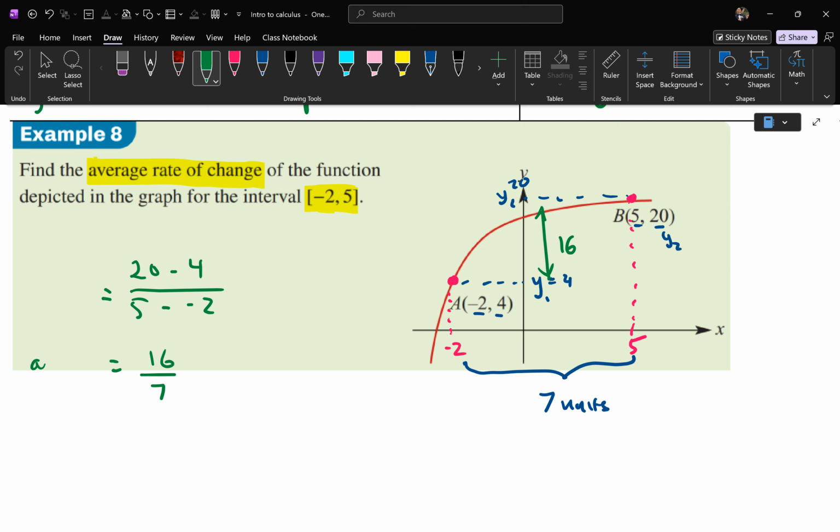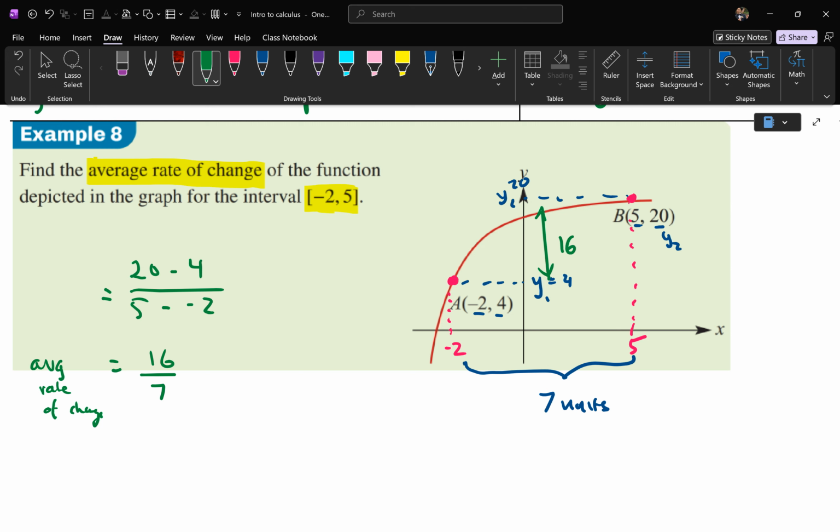And this is what we call average rate of change, which really is your gradient. I just don't know what the y-axis and the x-axis represent. So if I said it was distance, then you would say it's 16 kilometers per whatever 7 represents. The scenario I gave you before was distance by time, but it could have been anything. It could have been $16 per 7 hours.